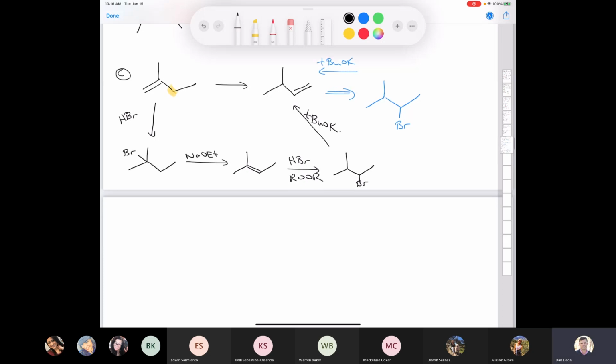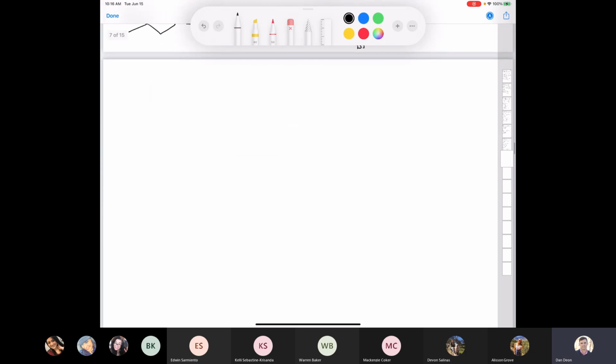Well, let's look at one more. So we'll do one more, and this is 8.39, question D. We're starting with our favorite exocyclic alkene here, and we want to make this compound. And again, there's probably more than one way to do these.